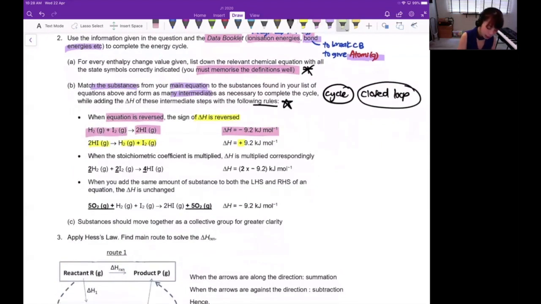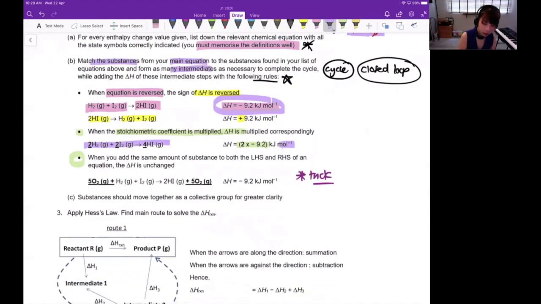The second point we also learned before: when the stoichiometric coefficient is multiplied, the delta H is multiplied accordingly, because this is per mole of this equation. So this has twice as much HI formed as compared to your reference value, so it must be multiplied by 2.